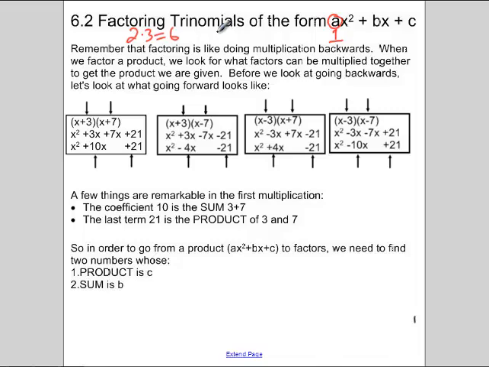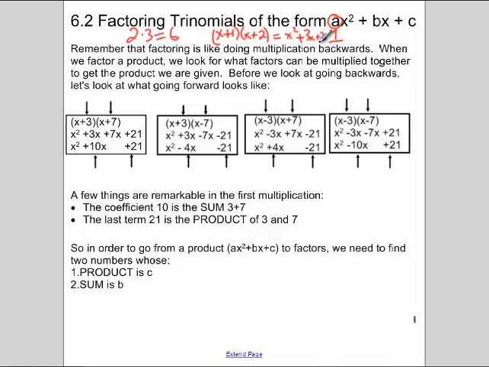It would have been something like x plus 1 times x plus 2 equals x squared plus 3x plus 2. Chapter 5 would talk about multiplying this factor and this factor together to get a product.